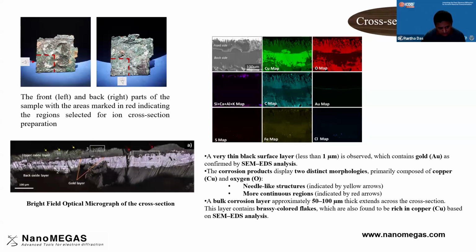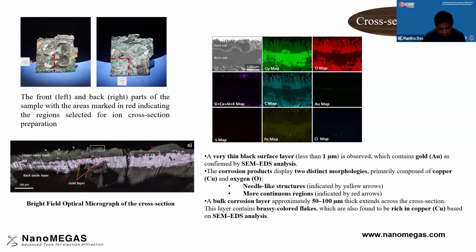There are two types of corrosion layers: one needle-like, and a more continuous region. Beneath the gold layer, we see some brush-like structures, about 50 to 100 nanometers thick, which are richer in copper by EDX.